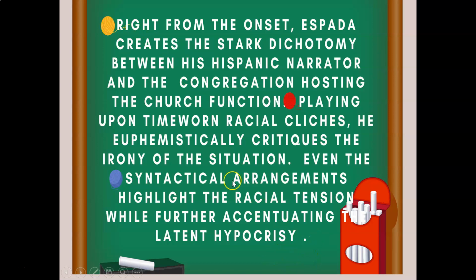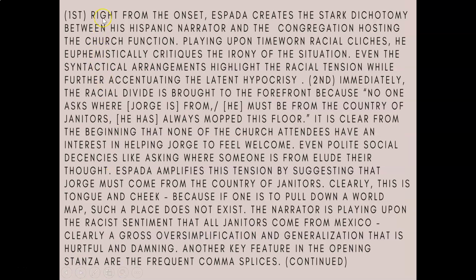So let's connect the orange to the orange, and let's take it from the top again. Right from the onset, Espada creates the stark dichotomy between his Hispanic narrator and the congregation hosting the church function. Playing upon time-worn racial cliches, he euphemistically critiques the irony of the situation. Even the syntactical arrangements highlight the racial tension while further accentuating the latent hypocrisy.